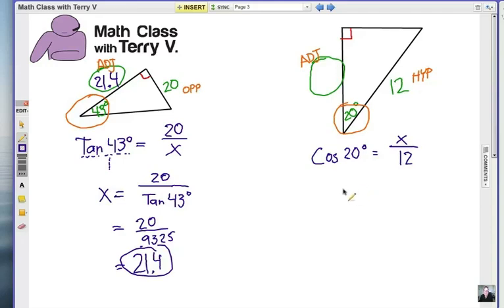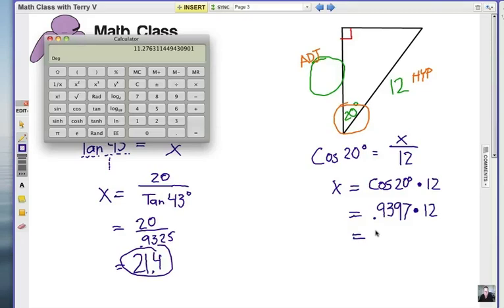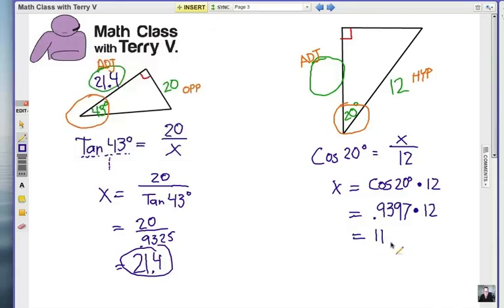Now in this case, we're going to just go ahead and multiply. And you don't have to write all this, but you could say cosine of 20 times 12. And that gives you 11.276, which is 11.3 if we round it to the nearest tenth.